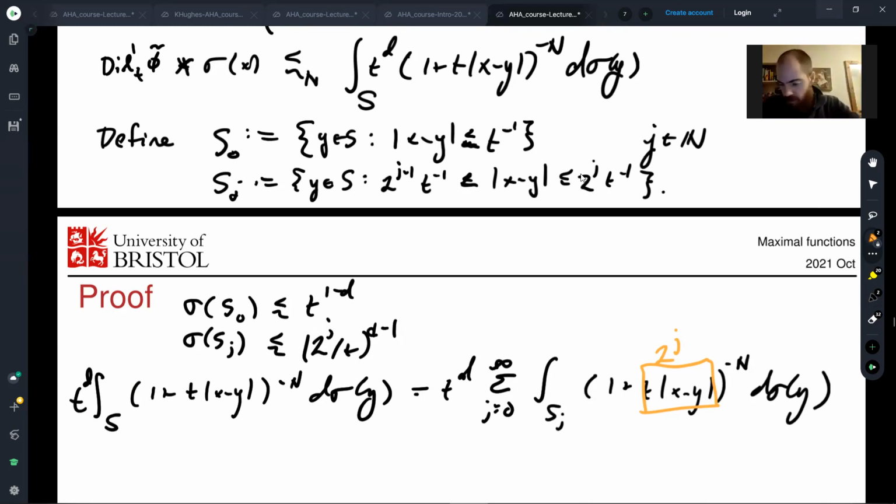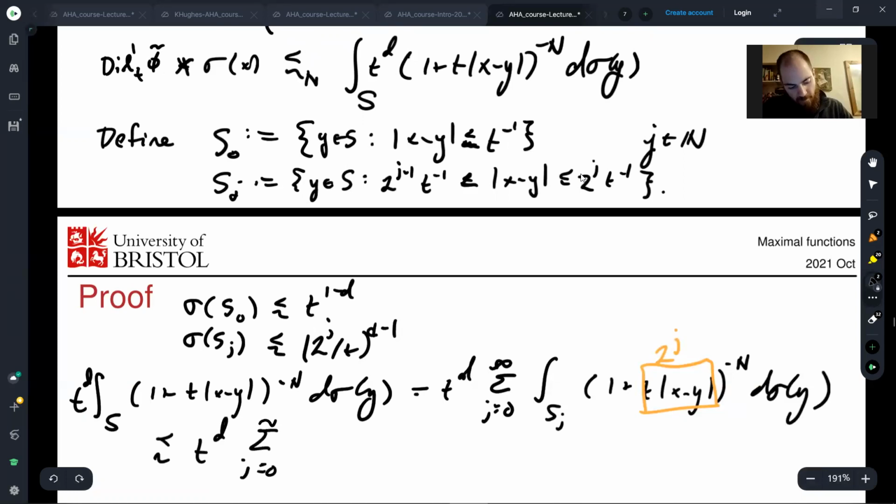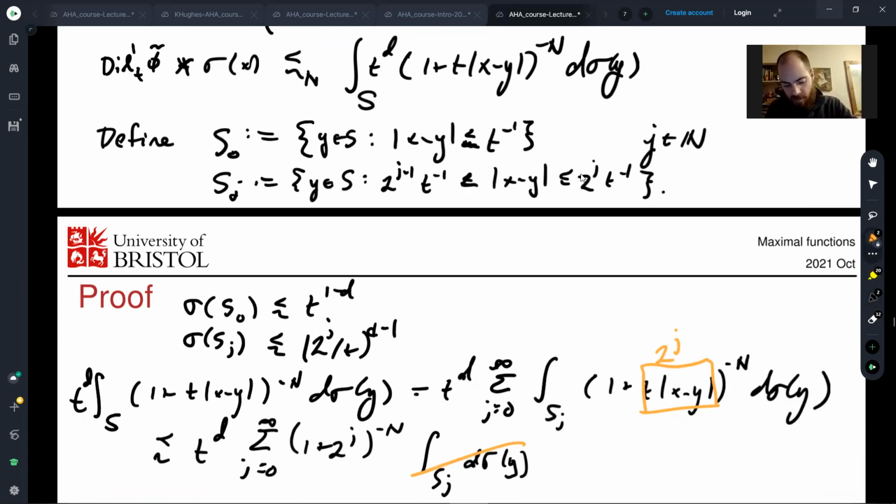And so this is bounded by t to the d, the sum over j, of 1 plus 2 to the j to the minus n, integrated against S j, d sigma of y, which itself was, as we said, just bounded by some constant times 2 to the j over t to the d minus 1.